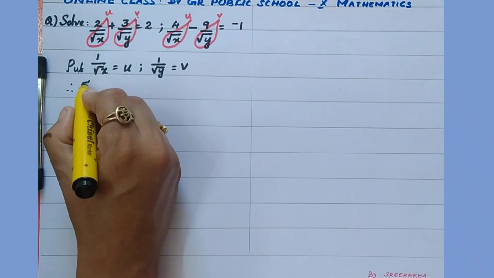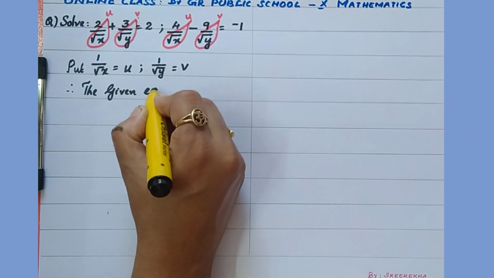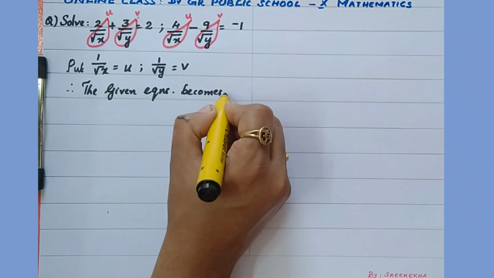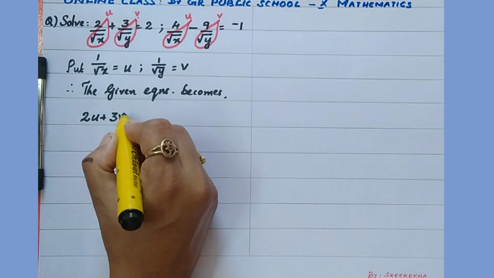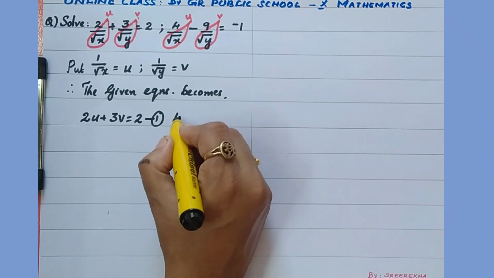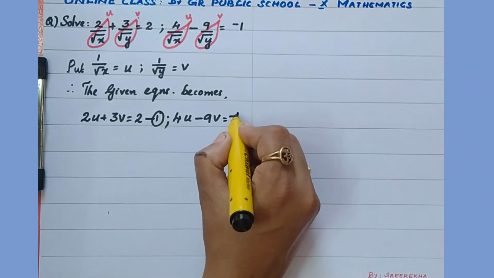the given equations become, okay, we can replace: 2u plus 3v equal to 2, equation number 1, and in the same way 4u minus 9v equals minus 1.